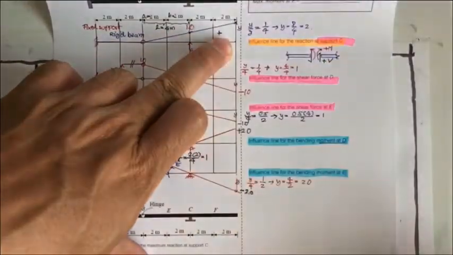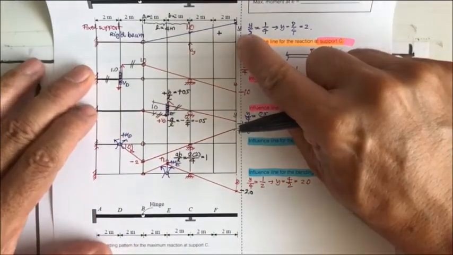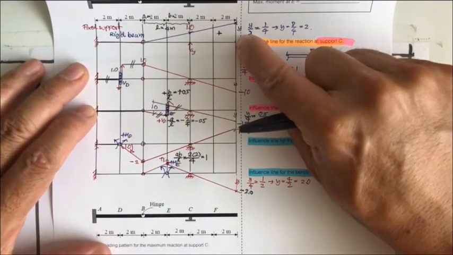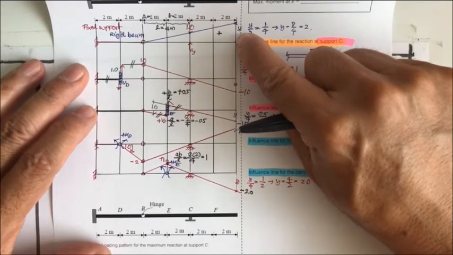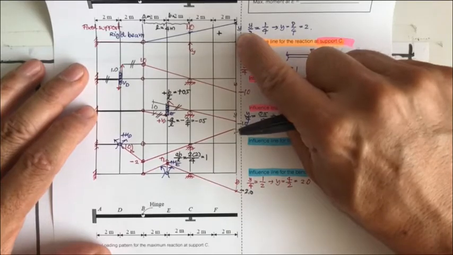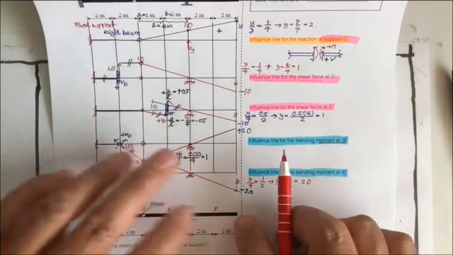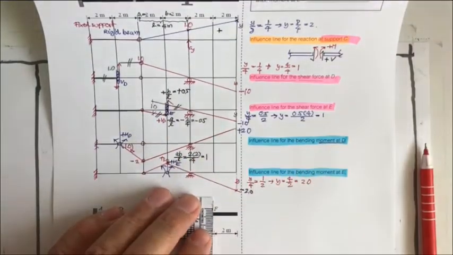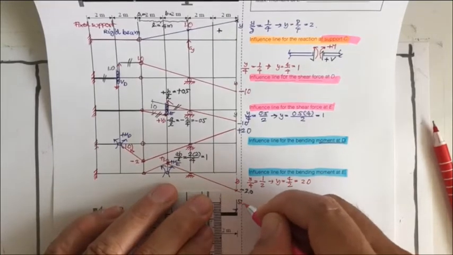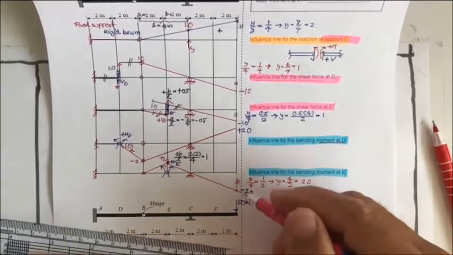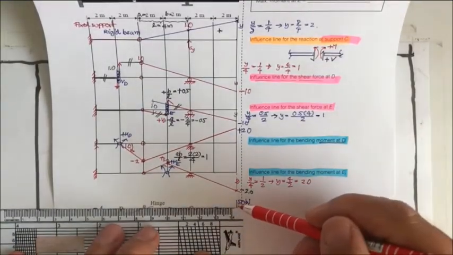Okay, so the concentrated live load is going to be at the largest coordinate. So we will put this concentrated live load of 50 kilonewton at this point. So for that reason, you will get the concentrated live load here. Okay, 50 kilonewton.